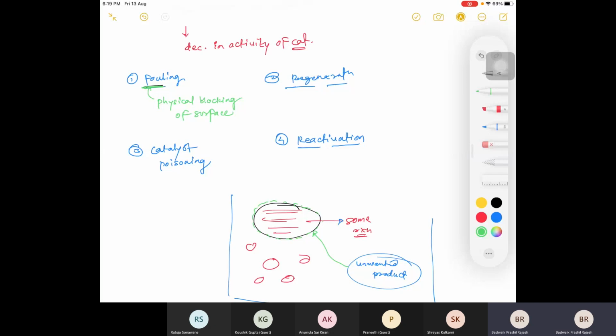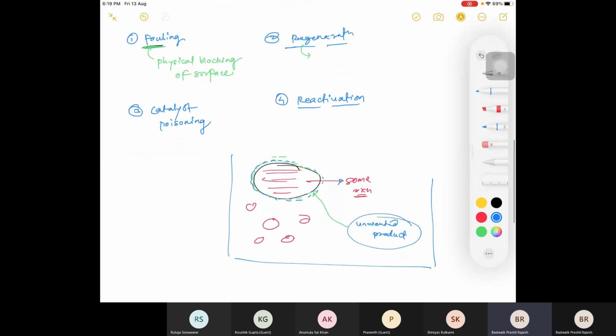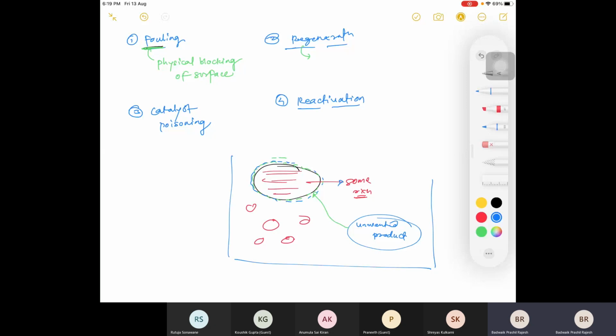Okay, what do you mean by regeneration? Suppose I am removing these particles, how can I remove them? I can heat that solution, or do some kind of treatment. Suppose I am having some system here, and this is a partition, and here there is vacuum, and here these particles are flowing.